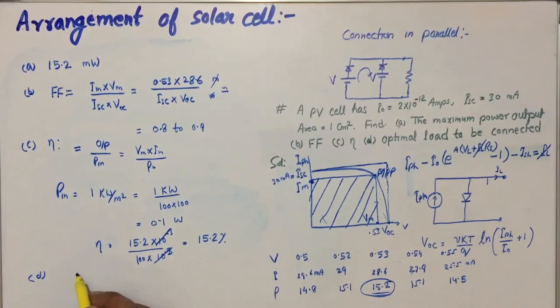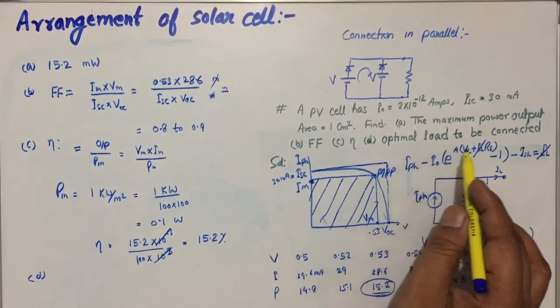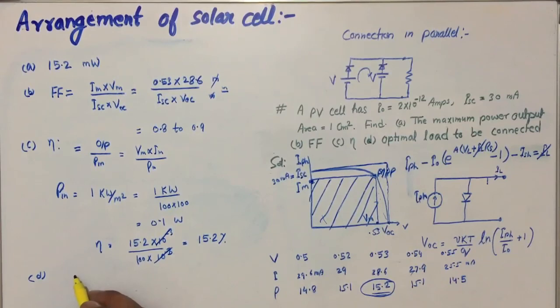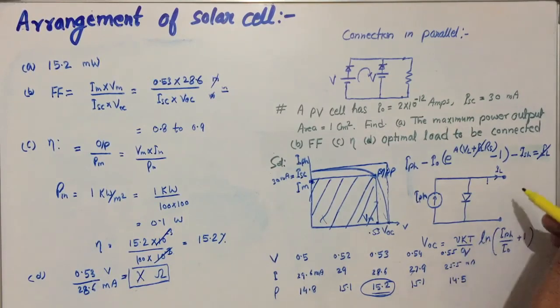So for part D, the optimal load to be connected can be found out as 0.53 divided by 28.6 milliampere. This is volt. So if you divide this, you will find the value in ohm. So this will be the optimal load that you can connect to the terminals of this solar cell to get the maximum power.